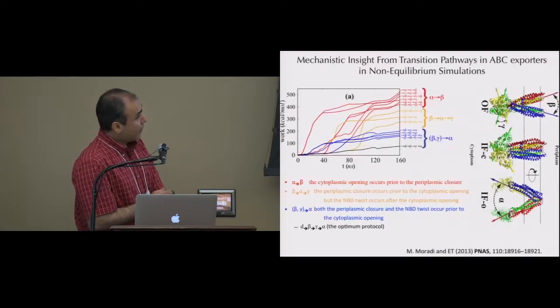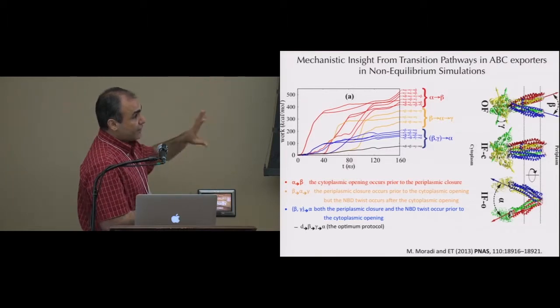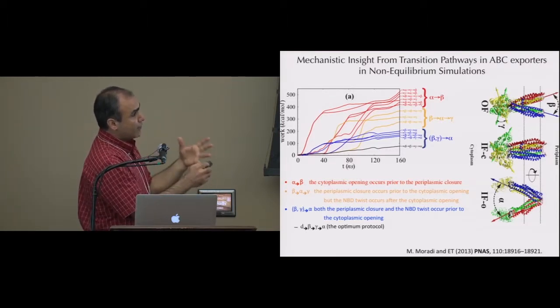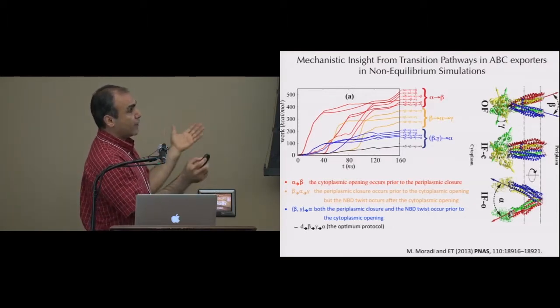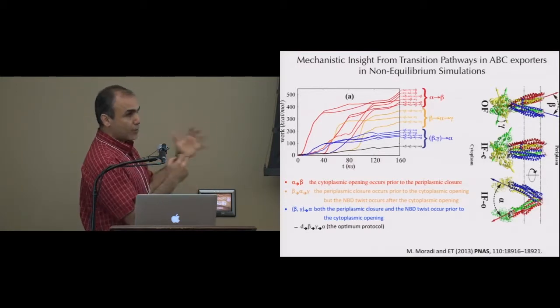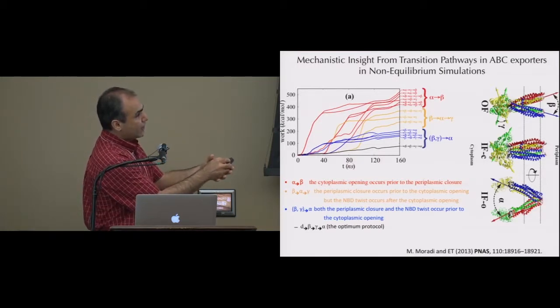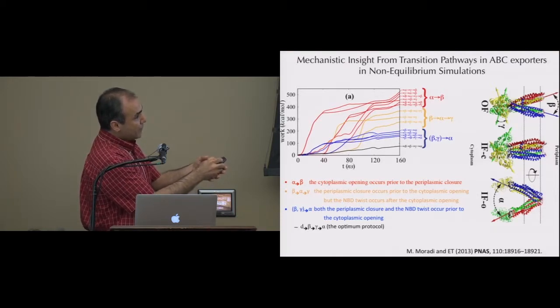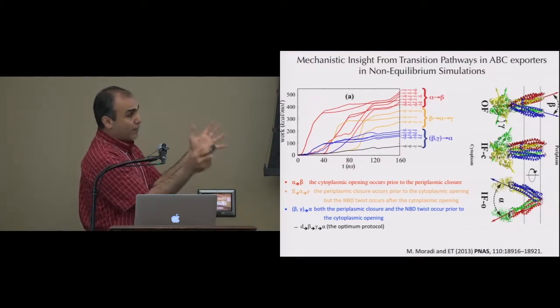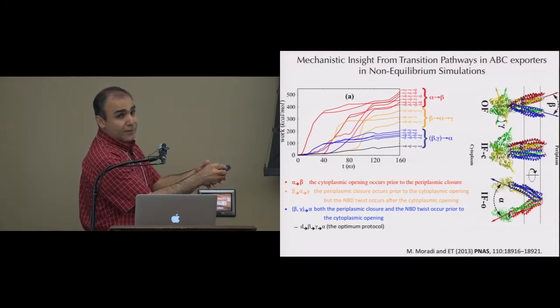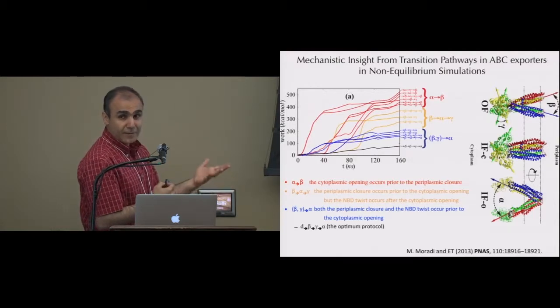And then, of course, even in this case, and this is another key aspect here, by just looking at these 200 different ways that you push the protein, you start seeing clusters of work. For example, every time you work with alpha before beta, the work value is high, meaning that the protein doesn't like to open this end before it closes the other end, which also makes mechanistically sense.